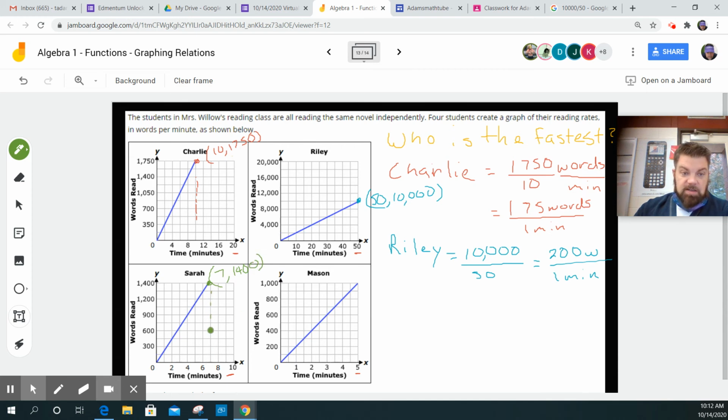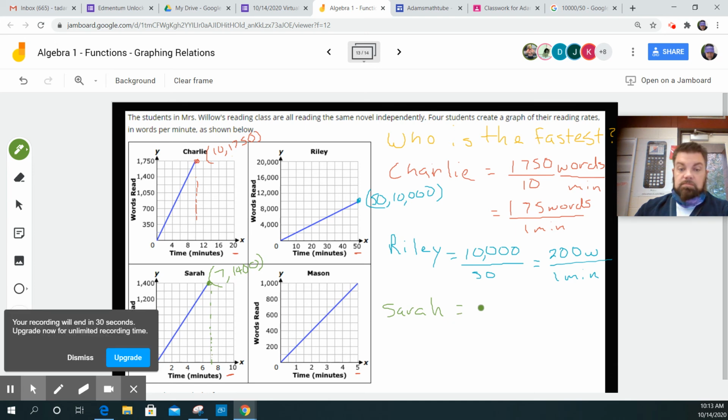Yeah. So for Sarah, she does about, well, it's 1,400 divided by 7, which is 200 words per minute.